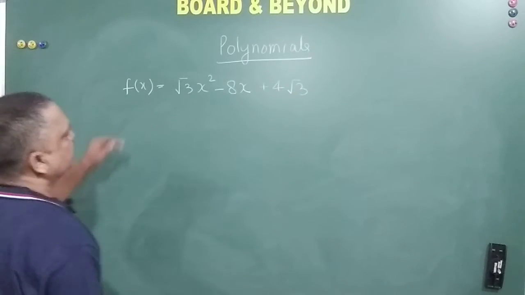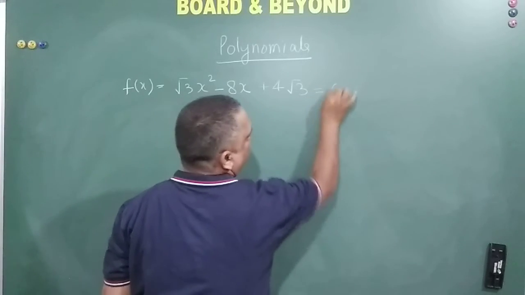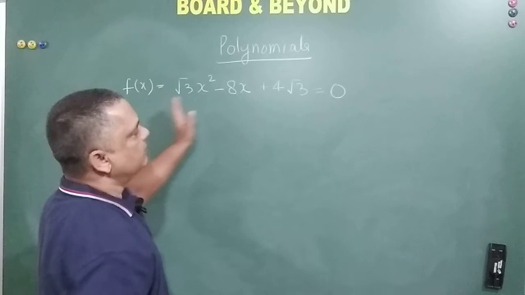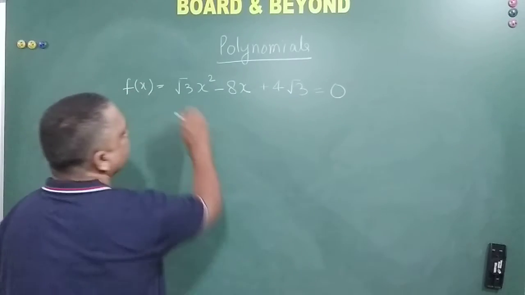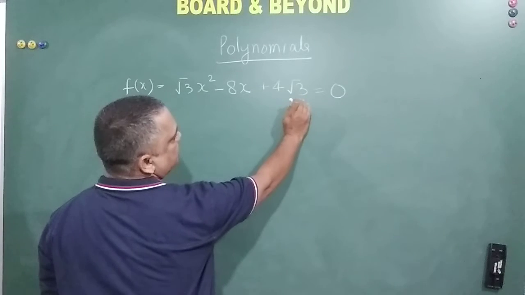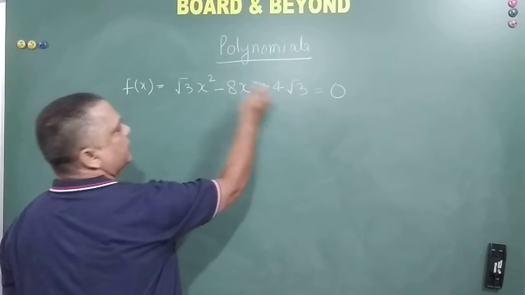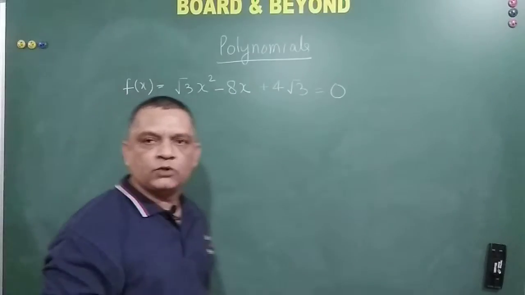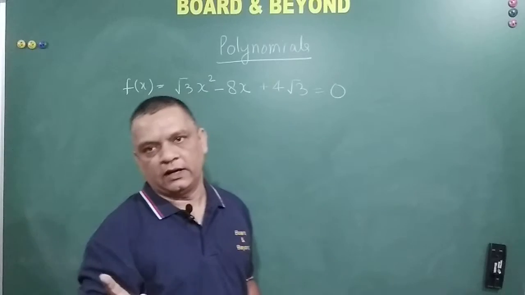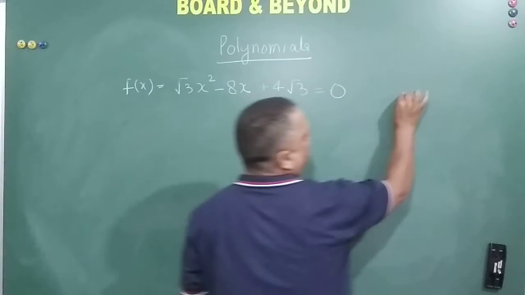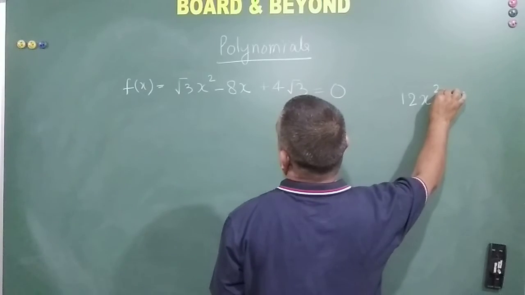Now again we need to equate it to 0 to find out the roots and then factorize the middle term, right? So when we multiply this and this, my dear friends, how much do we get? 4 into root 3 into root 3, which is equal to 4 into 3, which is equal to 12, right? I am not writing each and every step. So this will be 12x square.